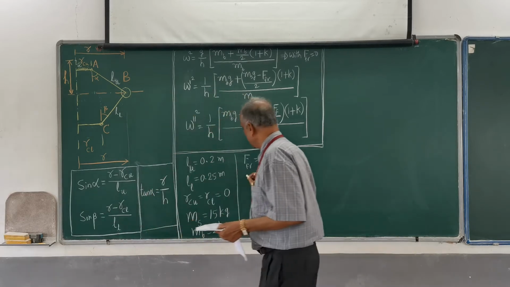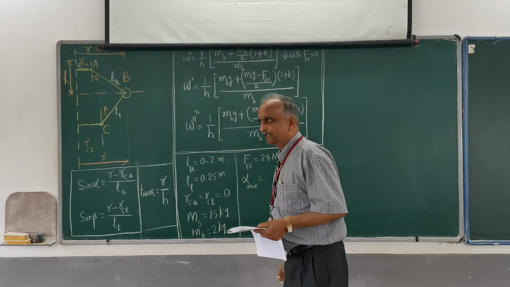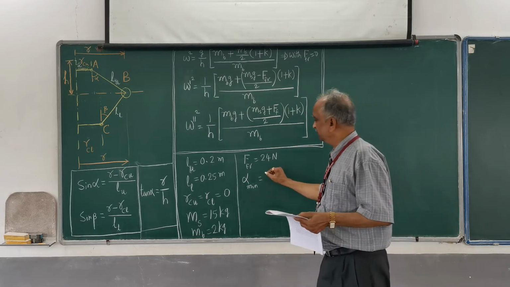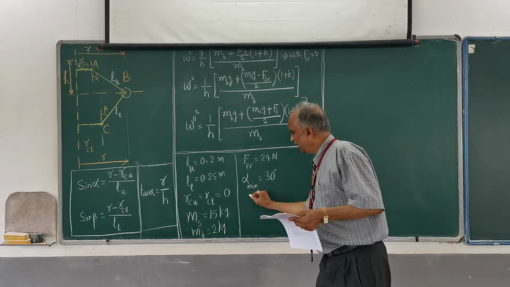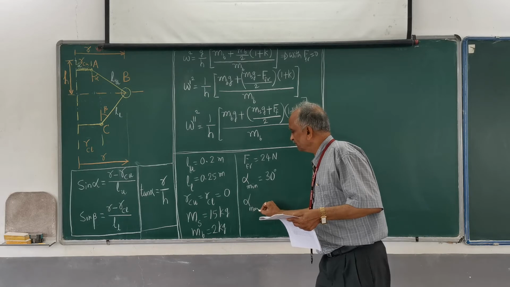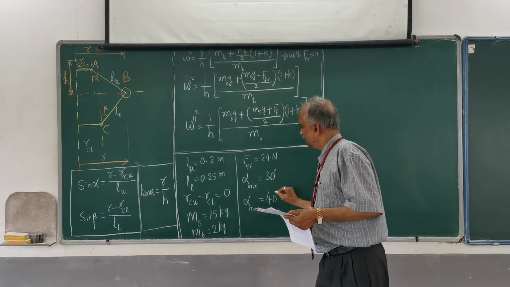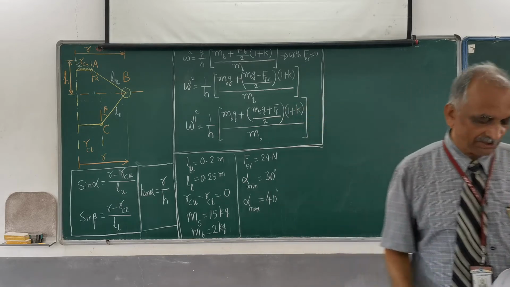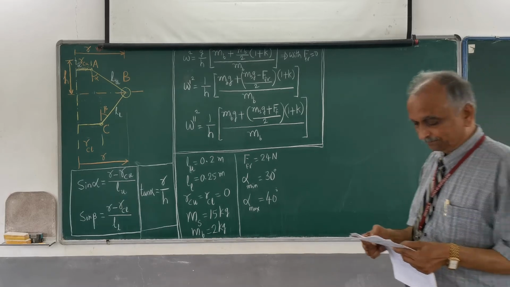Therefore, this 30 degrees is alpha minimum, and alpha maximum is 40 degrees. These are the values of what is called the limiting inclination of the upper arm with the vertical.